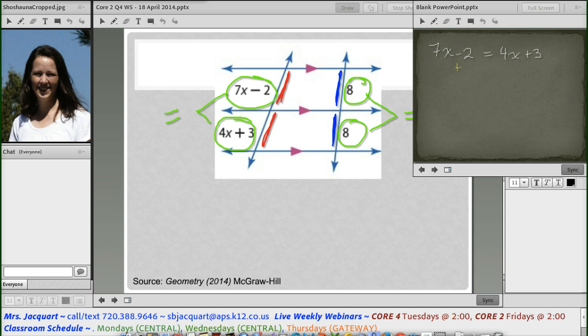Add 2, subtract 4x, get the grand old total. 3x equals 5. I don't like that answer. It's probably right though. And so x will equal 5/3.